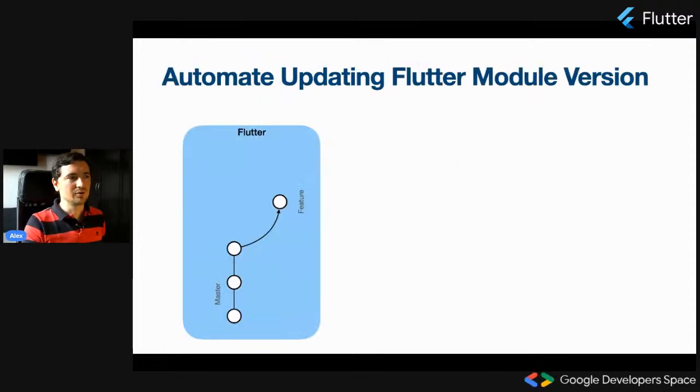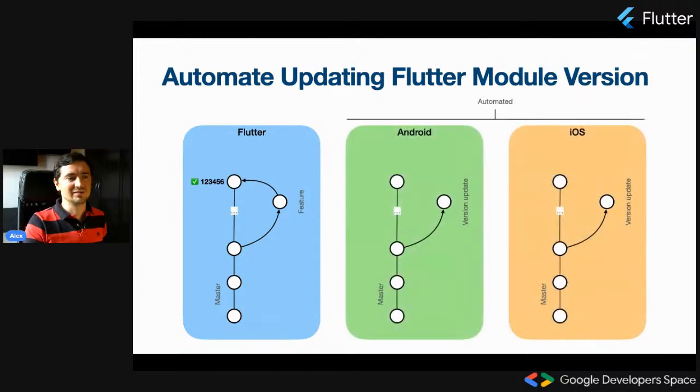So now how does your flow look? You create your Flutter feature branch as you did. You merge it back to the master branch. And what comes next is actually automated. We will create a new branch in iOS and Android, update the binary version that is set in the host app, and create a merge request for you.